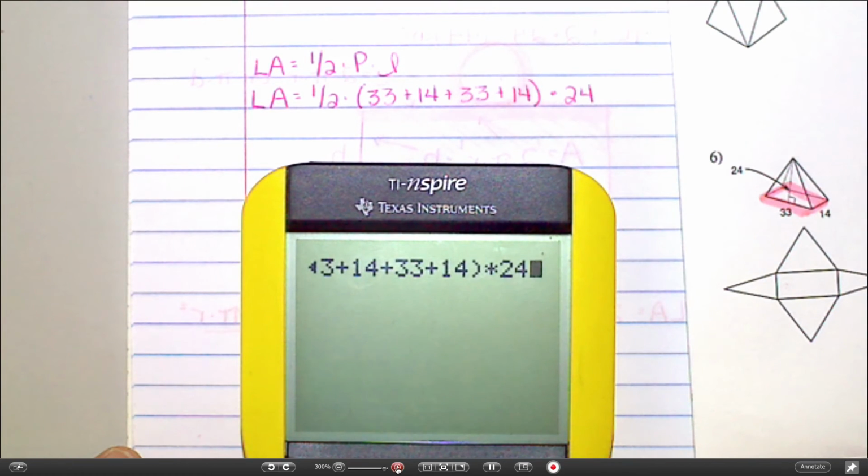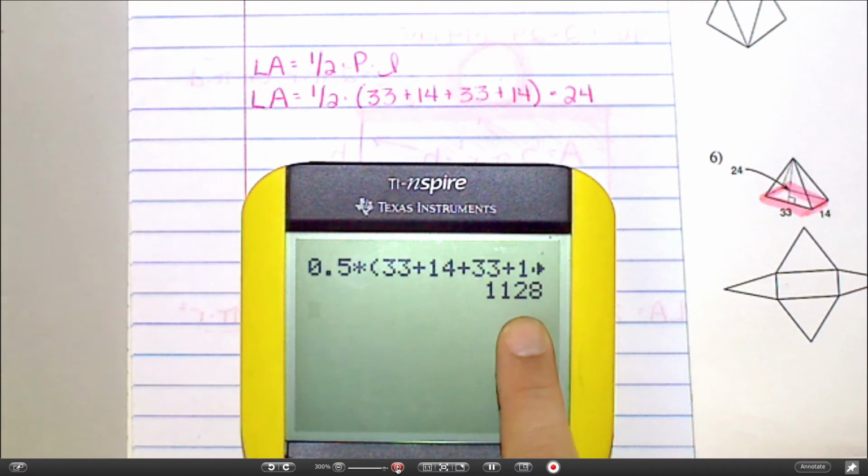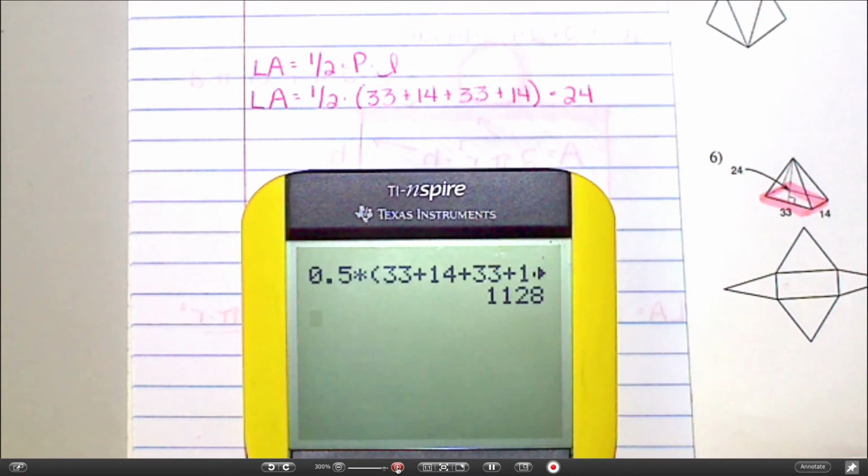See how I did that? If I did the divide by 2 thing, I'd forget after that. You can do the divide by 2 thing, but you do have to remember to do it. So that's why I usually try to put it in all at one time. 1128. That's my lateral area.